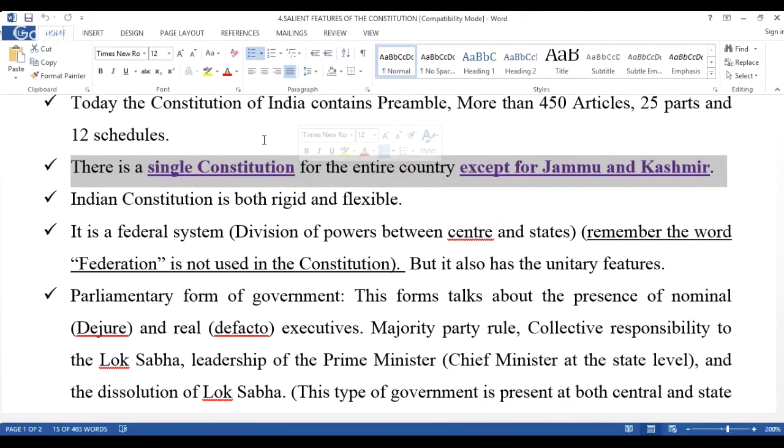So Jammu and Kashmir was integrated into the Union of India under certain difficult circumstances. During that time, it was a request that was made by the so-called Maharaja Hari Singh. And because Jammu and Kashmir was invaded by Pakistani forces, Maharaja Hari Singh came to New Delhi and requested the Prime Minister of India, Jawaharlal Nehru, to support them.